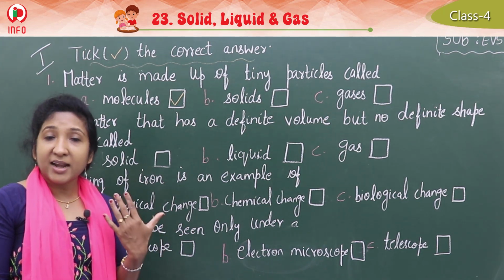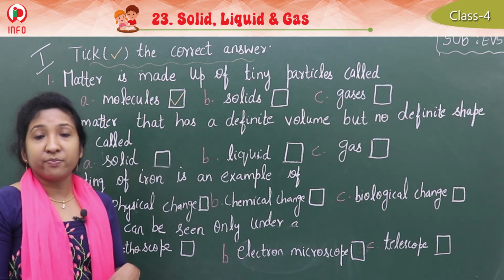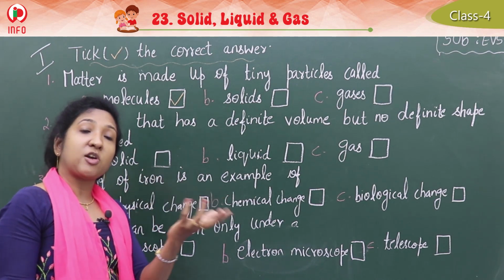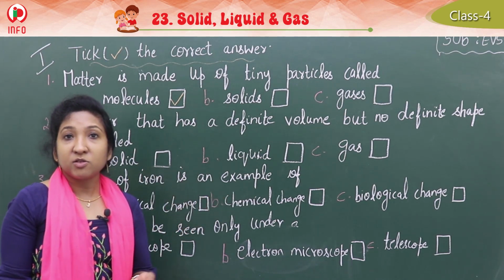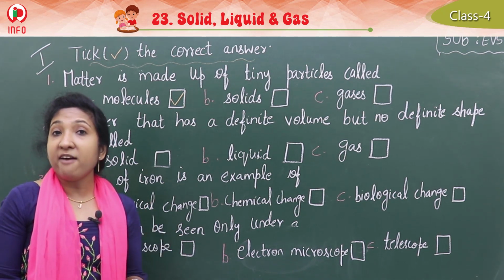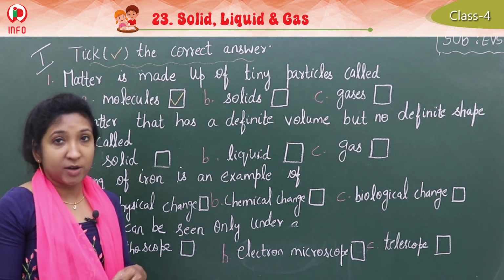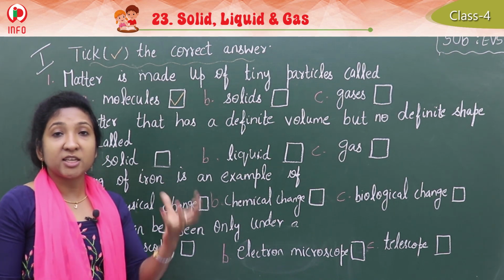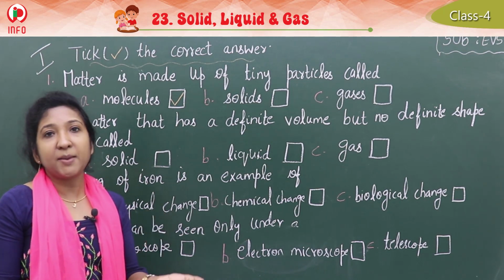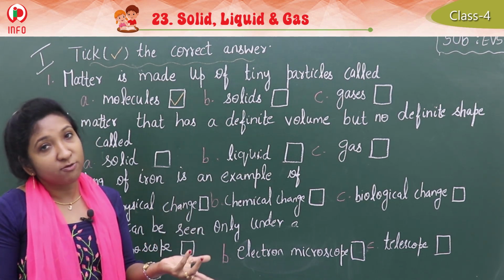Liquids are less closely packed, so they can move. The force of attraction is not as strong as in solids, so they flow. They take the shape of the vessel, isn't it? Gas, loosely packed, they move freely, no definite shape and no definite volume.